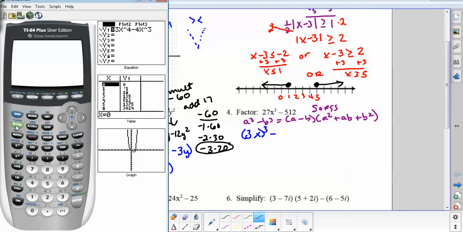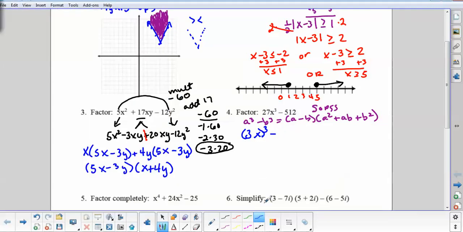So if I press math, and I go down to, let's see, this is number 4, I can do the cube root of 512. Oops, I went not quite right. Alright, and it's 8, so that means 8 times 8 times 8 would be 512. So 512 is the same as 8 to the third.